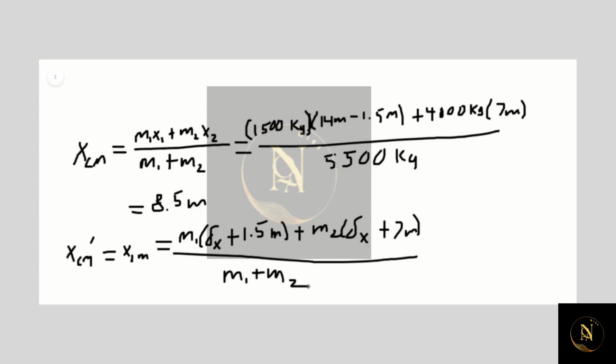Again, M1 and M2 are 1,500 kilograms and 4,000 kilograms respectively. So if you solve for delta x, you find that delta x is equal to 3 meters. We can box it in as our solution.